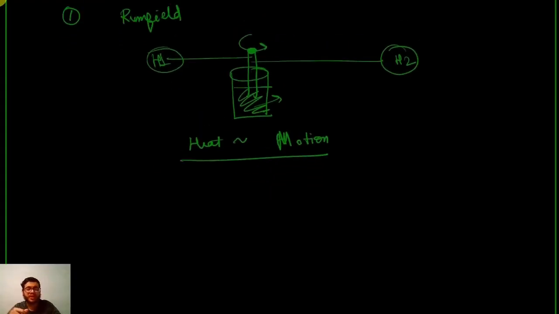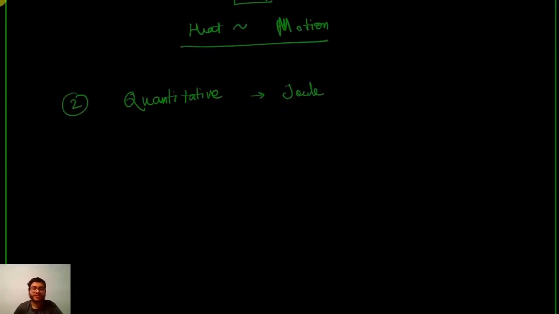People were not very convinced, but the final quantitative experiment was given to us by Joule, who dropped very heavy brass balls, and he had a pulley in a sealed water container, and he had a thermometer.